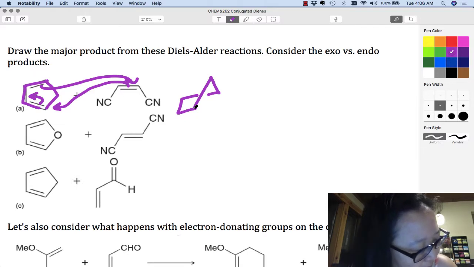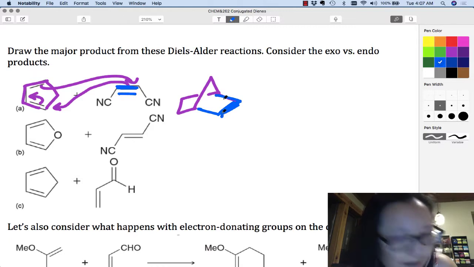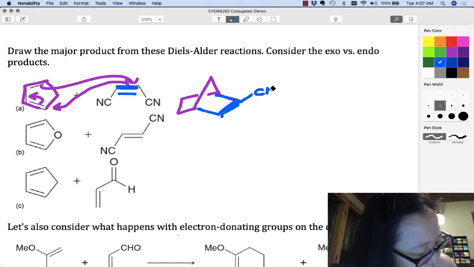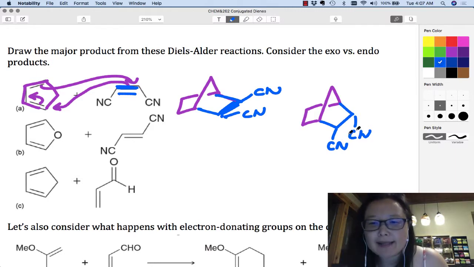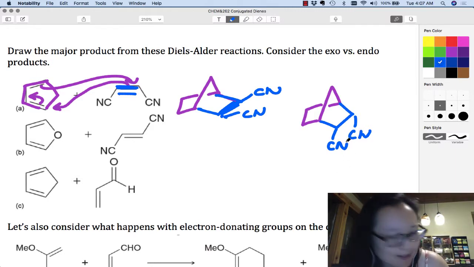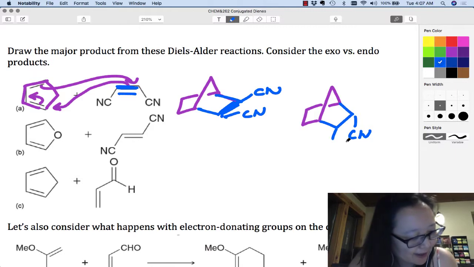Then with the other molecule, I'm going to have these two carbons right here, and then I'm going to have the cyanide groups. Now they're cis to each other, so either they're both going to be exo, like this, or they're both going to be endo. And I think you know from our discussion just now that the endo is going to be the favored form because of the pi system in the cyanide groups, which it would help to draw out.